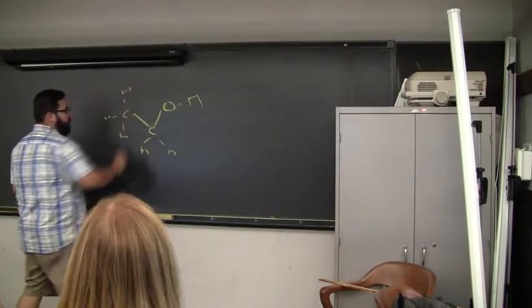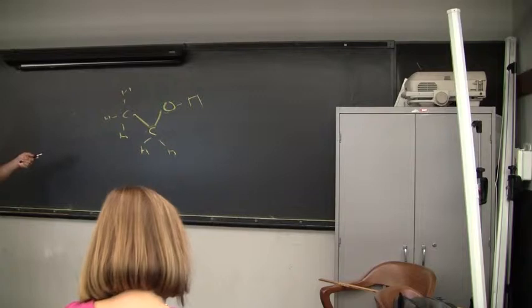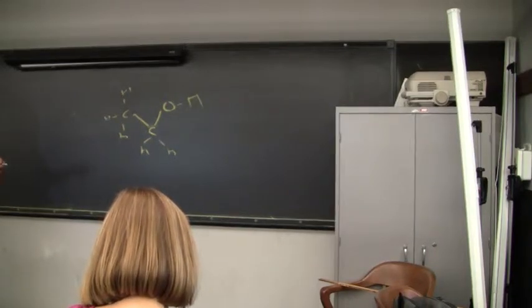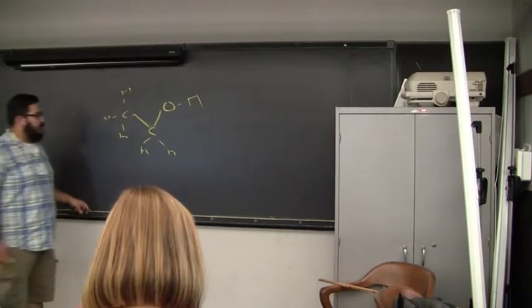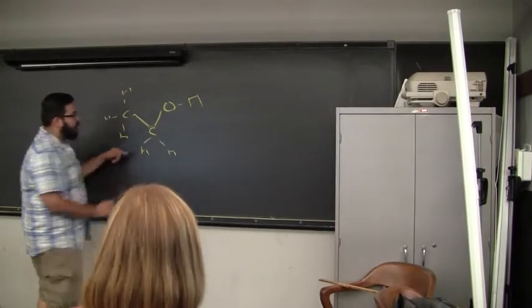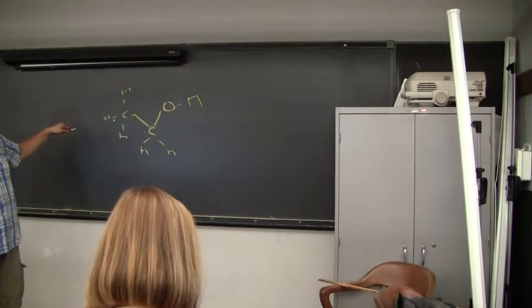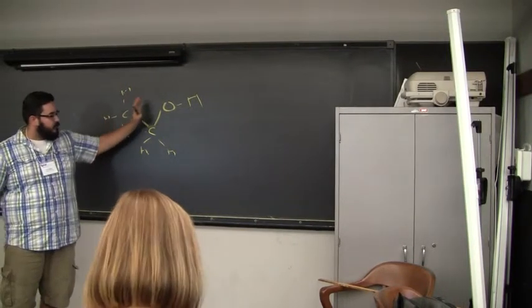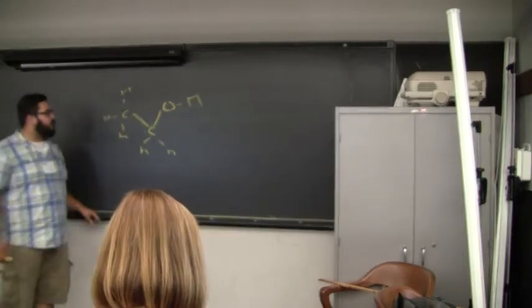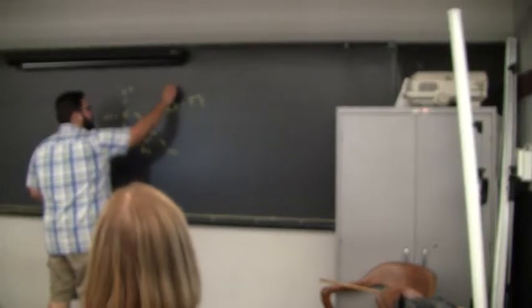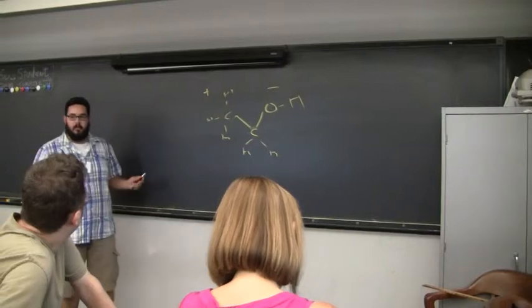Let's say we have this molecule right here, so this would be ethanol. If we put one of these electronegative elements, specifically oxygen in this case, on the molecule, all of the electrons that are shared by all of these atoms are going to tend to be attracted to this region right here. The oxygen pulls the electrons towards itself, which means this end is going to be a bit more negative and this end a bit more positive.